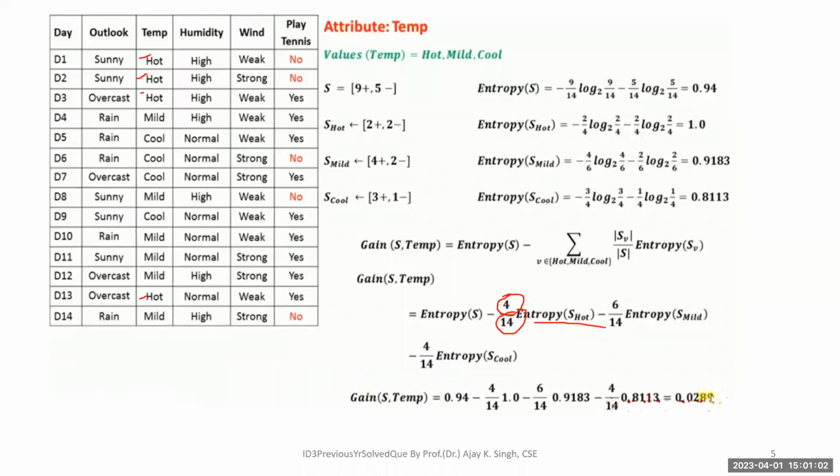Then what is the entropy of S hot? It is 1. In this way, we put in the values and get the information gain, which comes out to be 0.0289, only about 2%. So in this way, temperature is calculated.